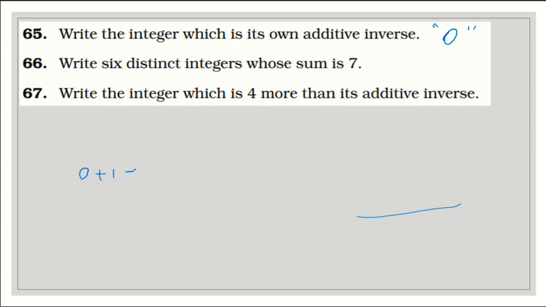plus 1 plus 2 plus 3 plus 4, and added to minus 3 gives plus 7. This is one possibility.